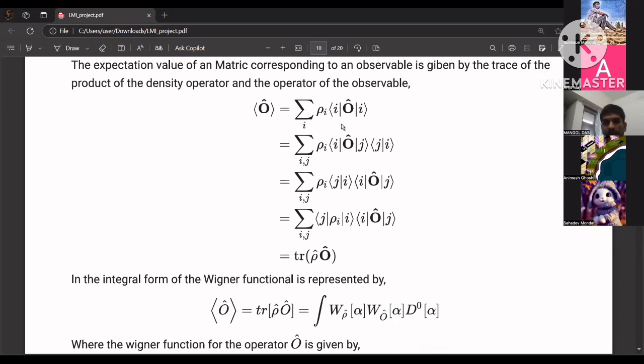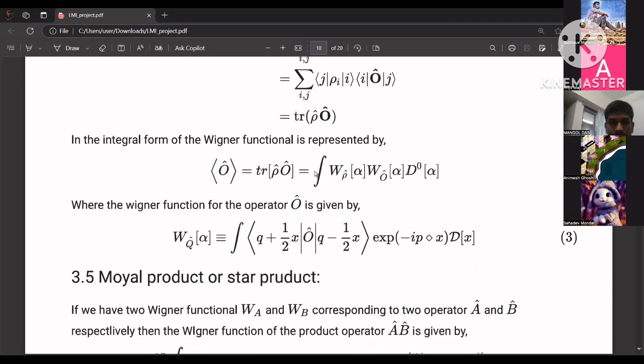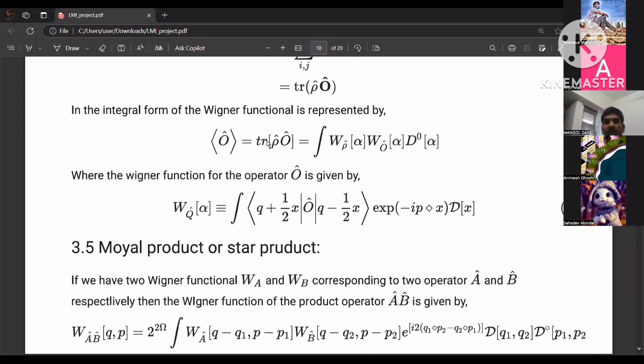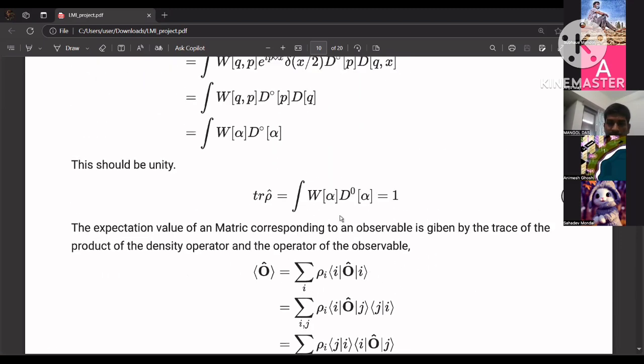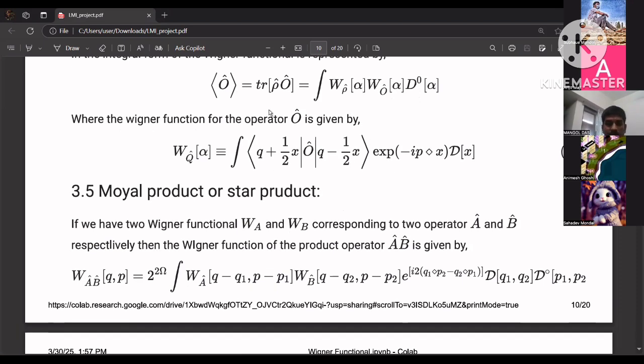So rho I, and we can insert the identity operator in between them, j, then we get ij, and this rho I and inner product of j and I we can write as the matrix element of rho, and this is the trace of rho and O. So we can extract information like the expectation value of the O operator by finding the trace of rho and O. And this is the integral form of this expectation value, from this equation, where W rho is the Wigner function corresponding to the rho operator, and W rho O is the Wigner function corresponding to the rho O operator.